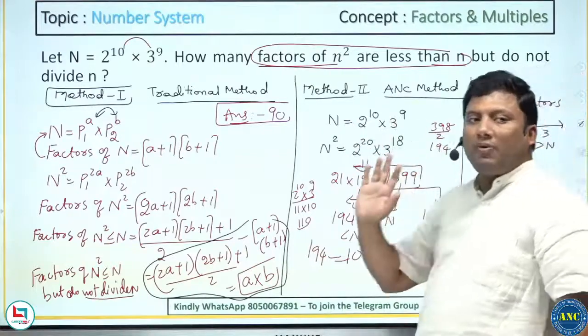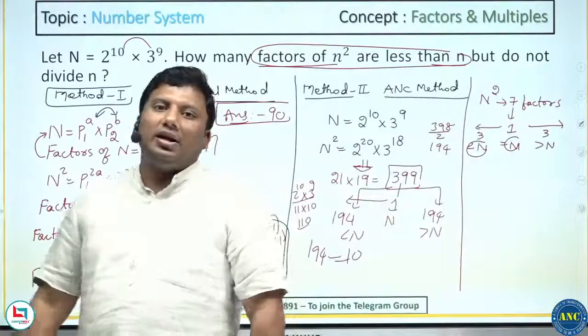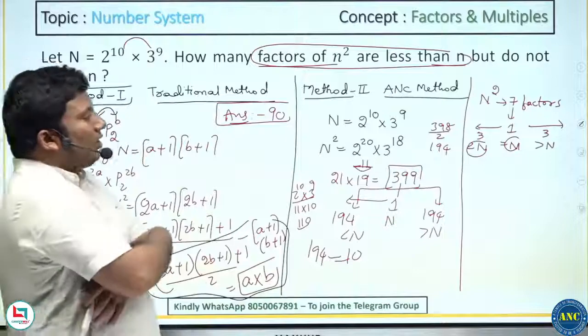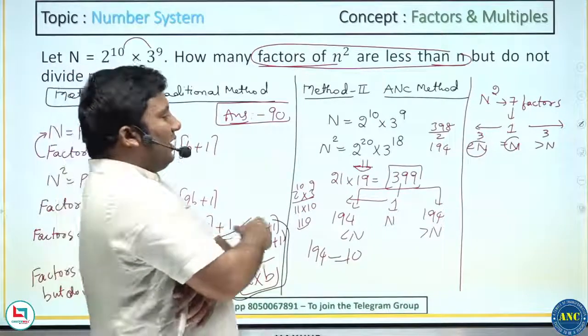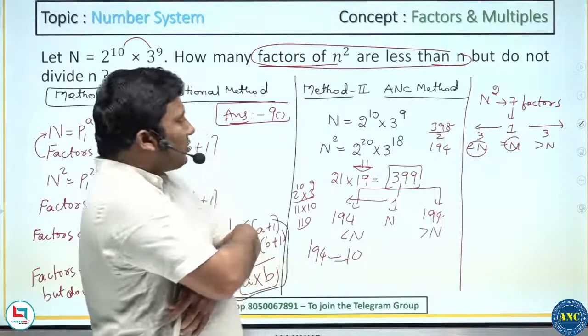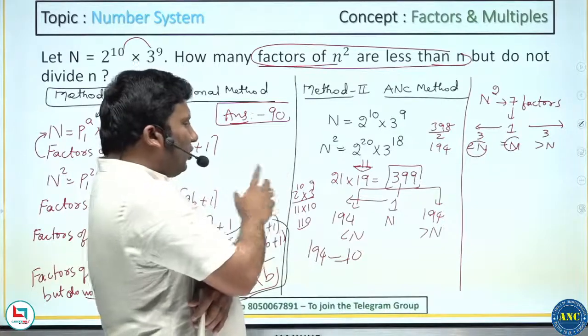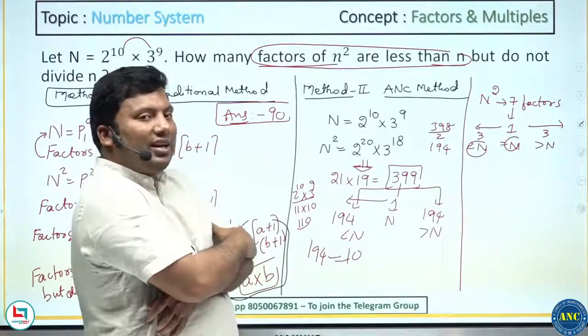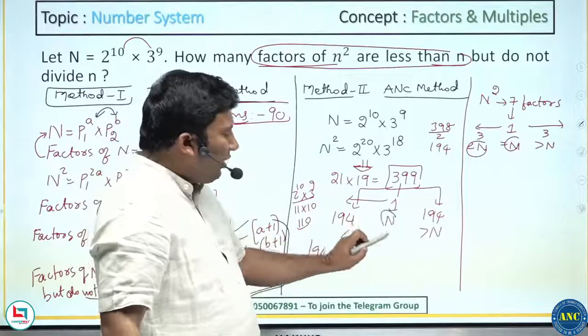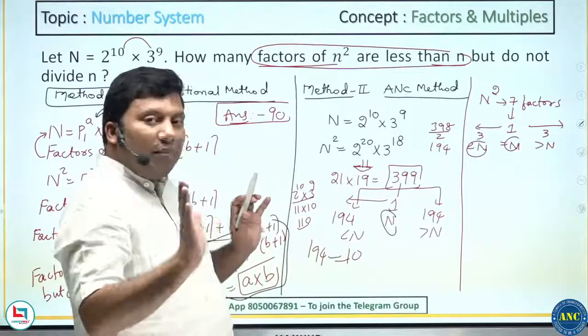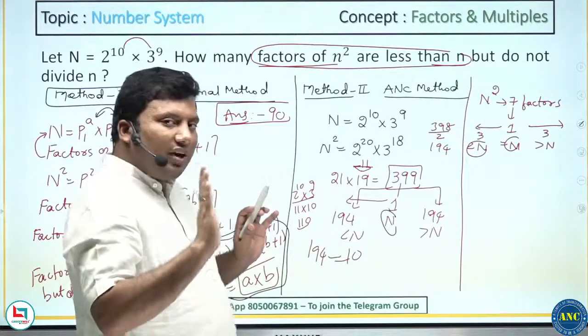N is 2 power 10 into 3 power 9. N square will become 2 power 20 into 3 power 18. How many factors of n square are there? 21 into 19, which is 399. One factor will be equivalent to n. Remaining 398.